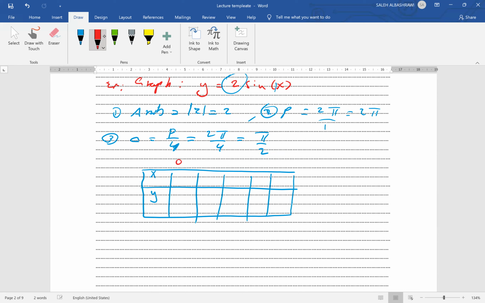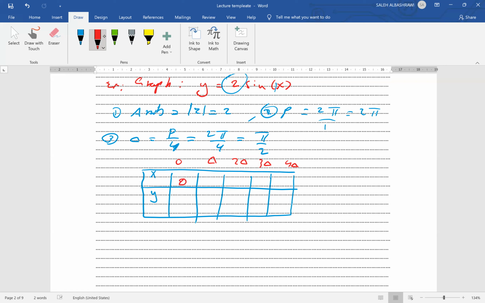The first one is 0. The second one, 1 delta. The third, 2 delta. Then 3 delta and 4 delta. Starting with the first point, it is 0.